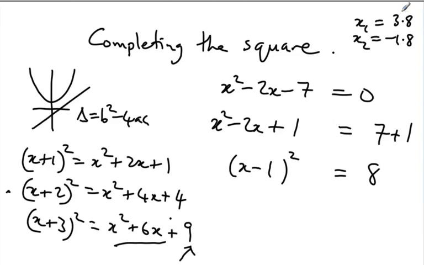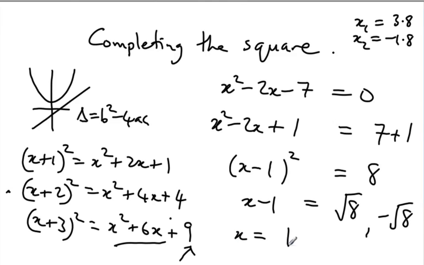Now, the bracket with the x minus 1 in it, x minus 1 squared equals 8. So x minus 1 can equal either the positive square root of 8 or the negative square root of 8. Simple as that. We just square root both sides. We recognize that there are going to be two answers because we square root it. And therefore x is, moving the minus 1 over, 1 plus that, or 1 minus that.